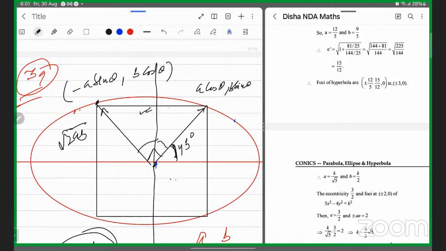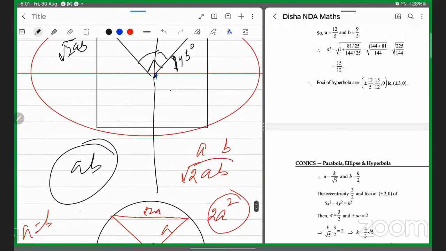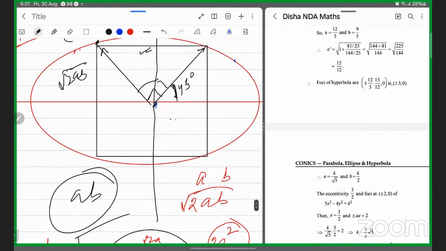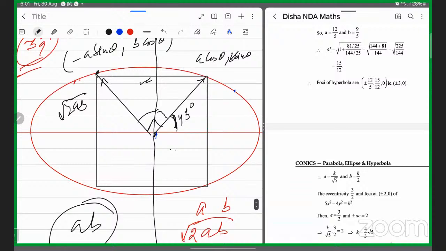Now this is under root, this is square plus this is square.